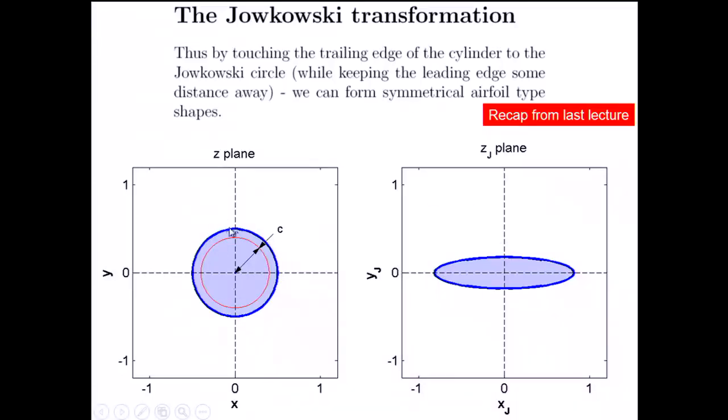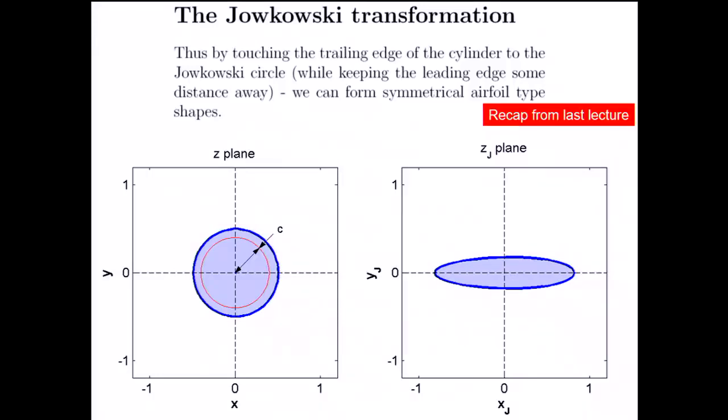So in this case, when these two circles are co-centered, the center of these two circles at the same place, we can show that in the transformed plane, our cylinder should look like something like this. It's an oval shape.